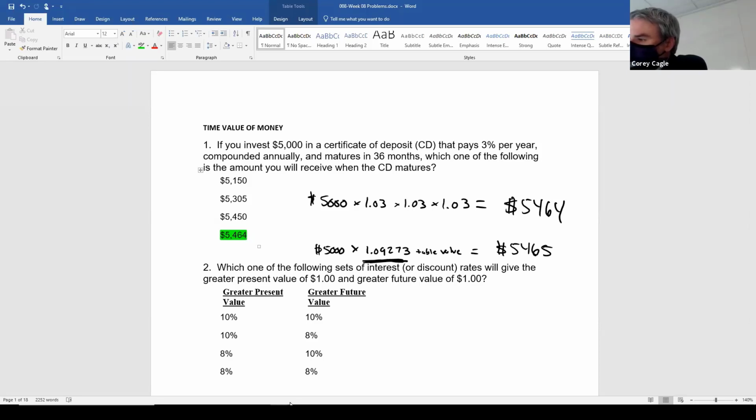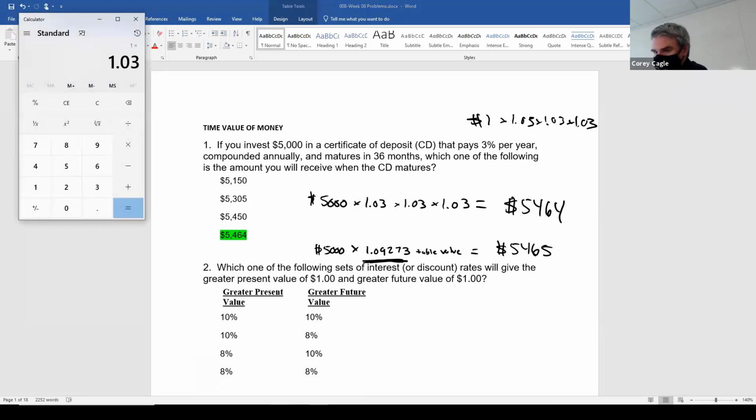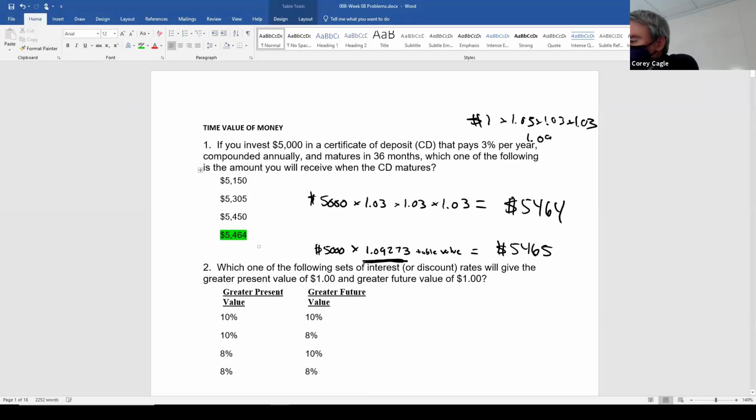They said 1 times 1.03 times 1.03 times 1.03. That's how they got that table value. 1.092727. That's how they build those tables. So we're really doing that with the tables. But sometimes it's easier to just crank it out by hand. So, good things to do.